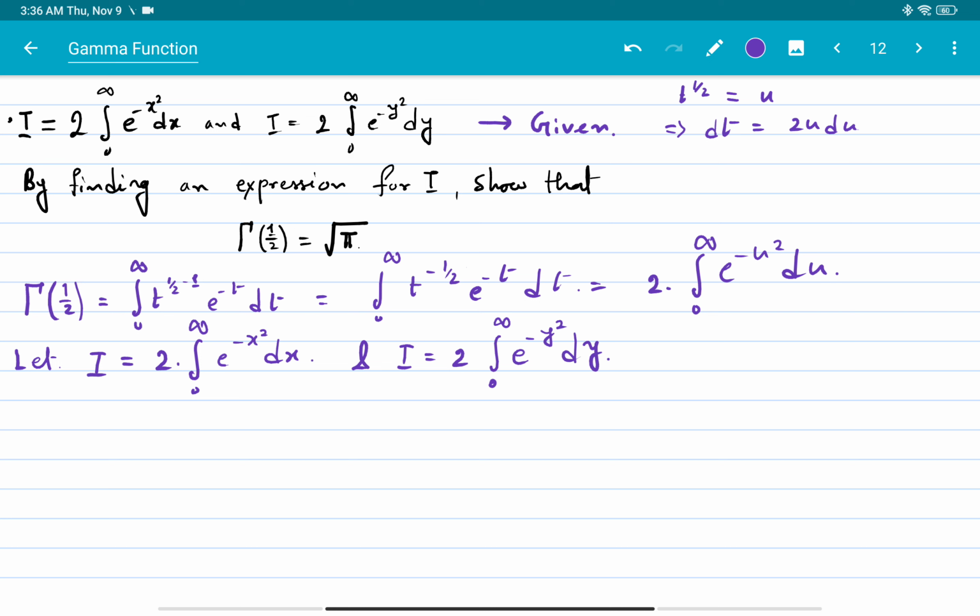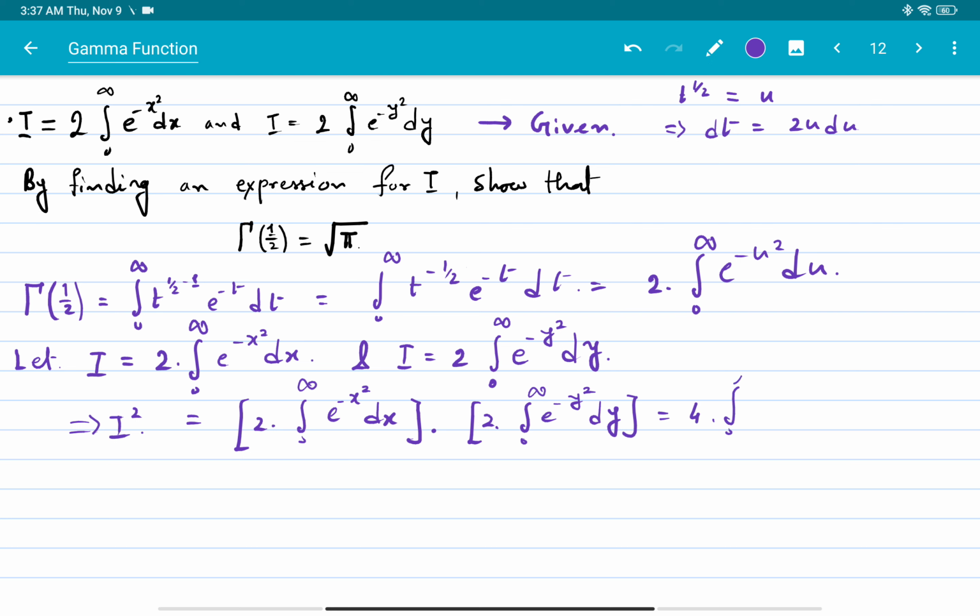Now if I do the I square here, you will see 2 times the integral from 0 to infinity of e to the power minus x square dx, and 2 times the integral from 0 to infinity of e to the power minus y square dy, so it will turn into 4 times the double integral from 0 to infinity of e to the power minus x square plus y square dx dy.